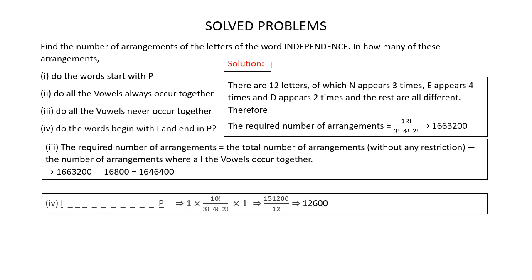So the required number of arrangements where all the vowels never occur together is equal to the total number of arrangements minus the number of arrangements where all the vowels occur together.